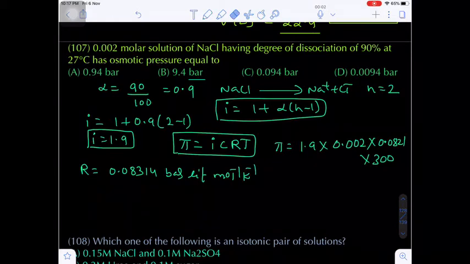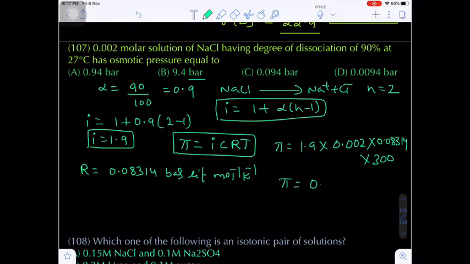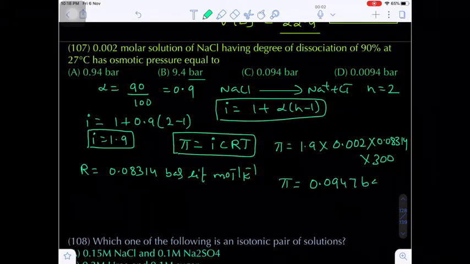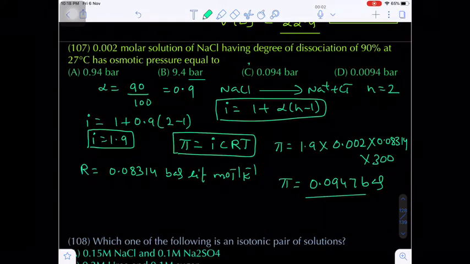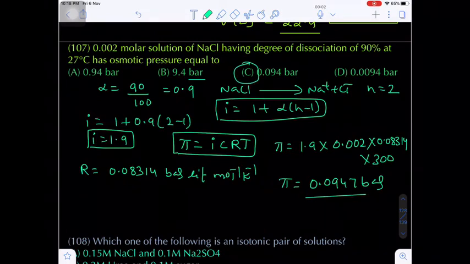So we have to change the capital R value because the answer will be given in terms of bar. So after simplification, you will get the final answer, 0.0947 bar. So 0.094 bar means option C.